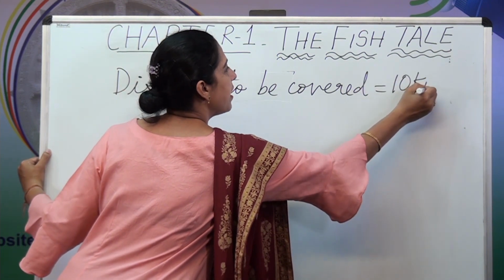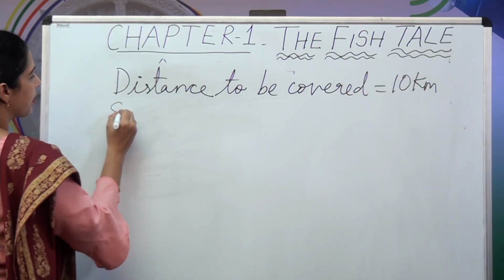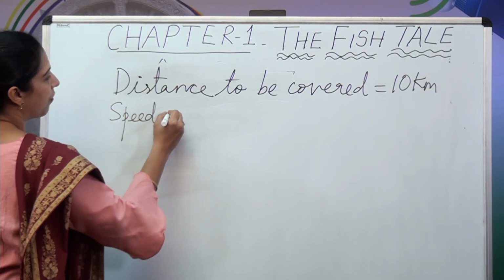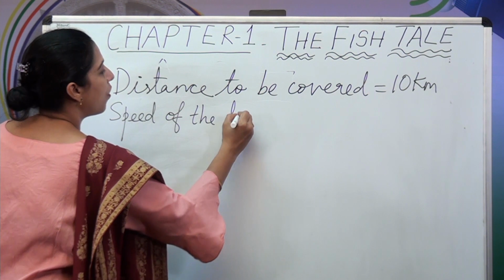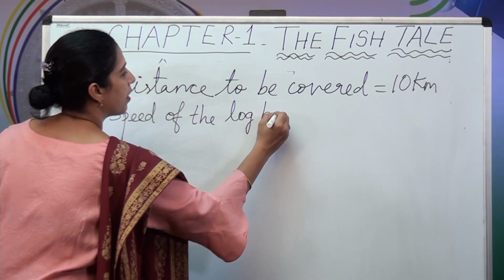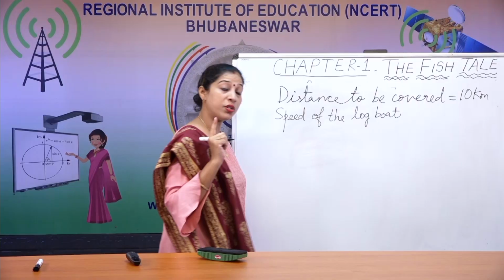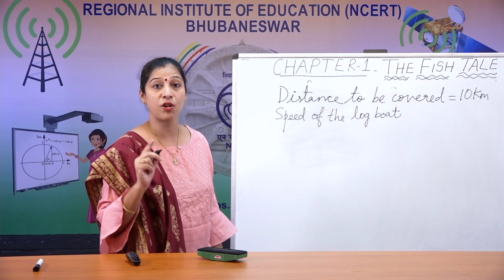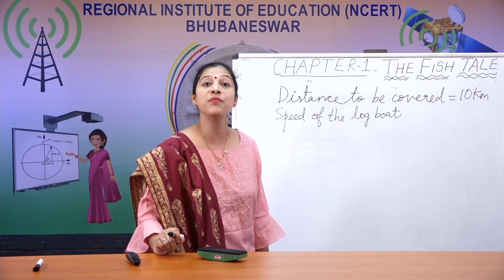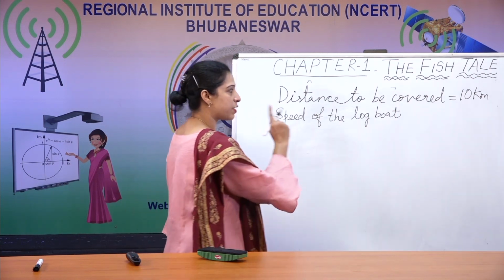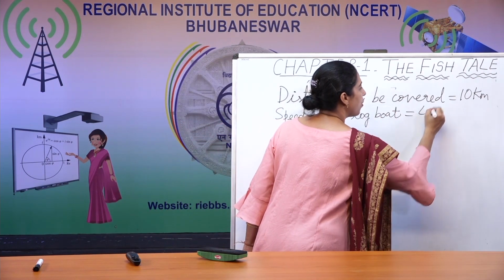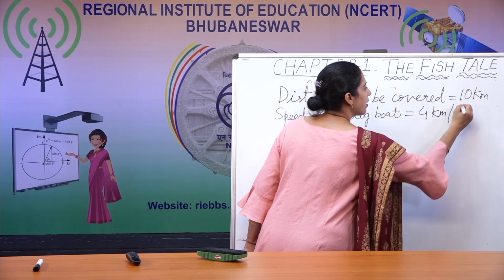And the speed of the log boat is 4 kilometers. Why is it called a log boat? Why is it not called any other boat? Because it is made up of wooden logs. That is why the name is log boat. And the speed of the log boat is 4 kilometers per hour.